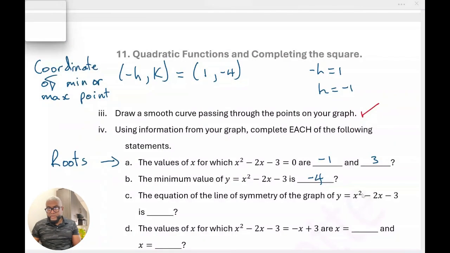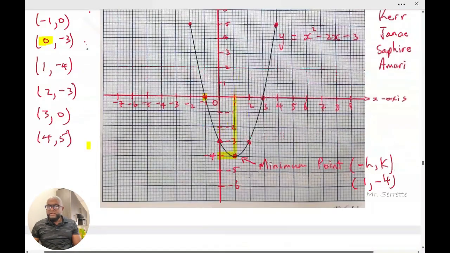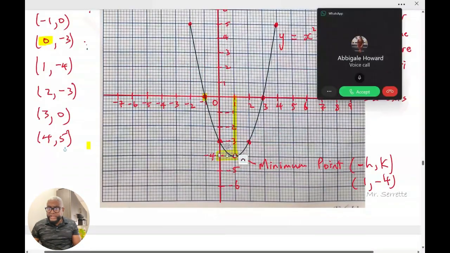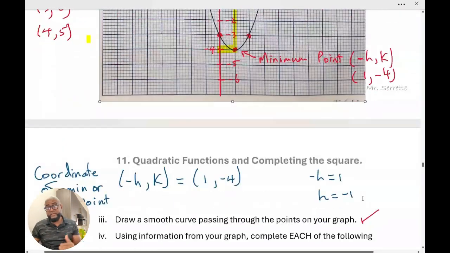So the minimum value is the value of k, which is -4, right? As I said, the minimum point is the point at the base here. This minimum point will be at the bottom of the valley, right? It's -h comma k. As I said, that simply means that h would be -1, right?